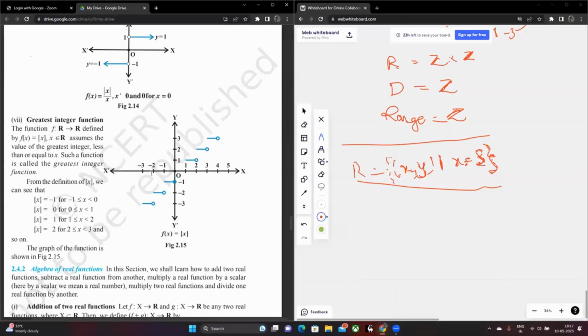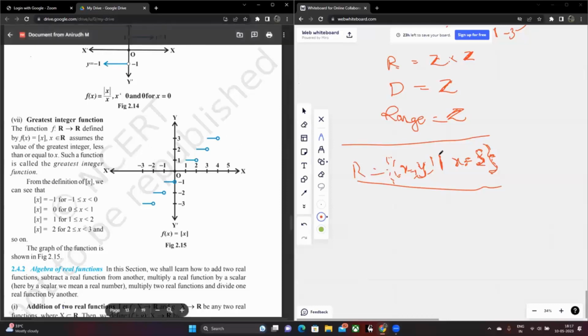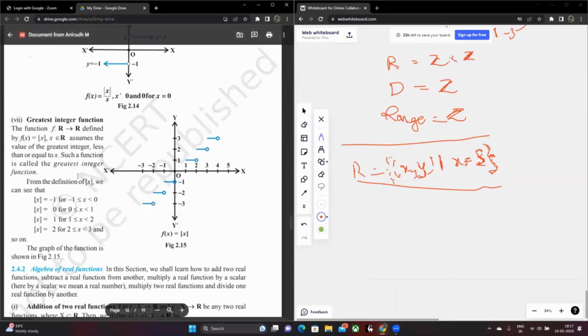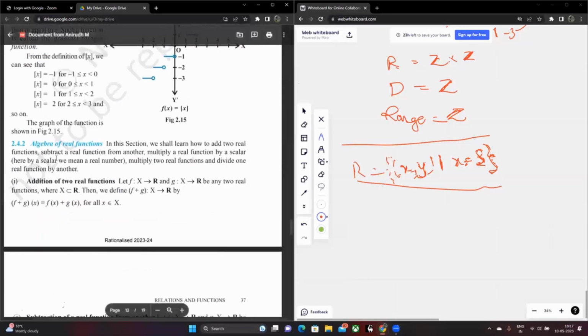This circle denotes that this value is not included. So if x is minus 2, then GIF of x is minus 2 and not minus 3. But the value right next to minus 2, that is minus 2.000000001, something infinitesimally less than minus 2, gives you minus 3. That's why you need this hole here, which says that minus 2 is not included. Property of the graph.